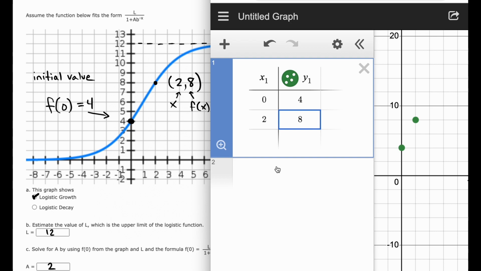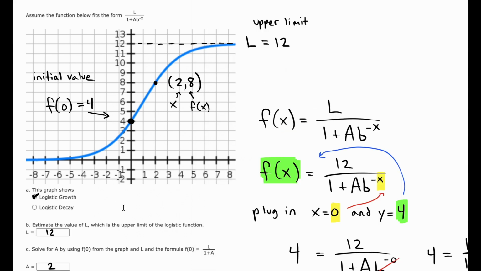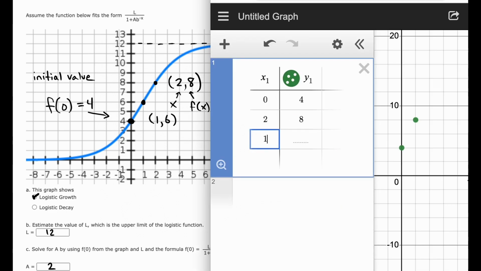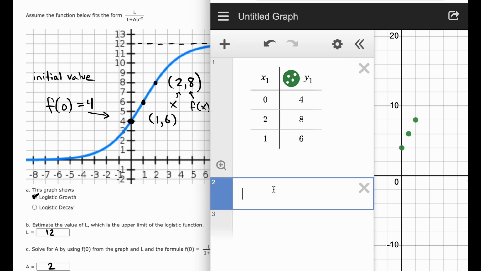So we'd like to look around and see if we could find any other information that could help us. Like right here, it looks like there's another point that the logistic function goes through: (1, 6). So that could be helpful. Put that in as well. We can start to do the logistic regression if we type in the formula for it.